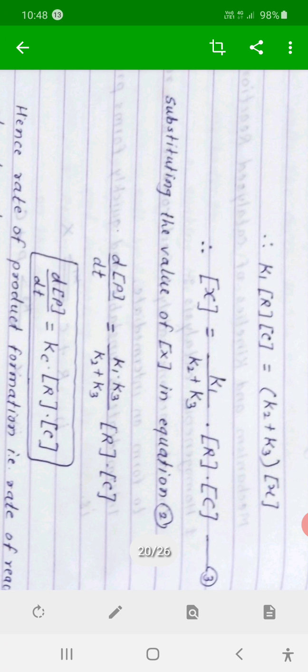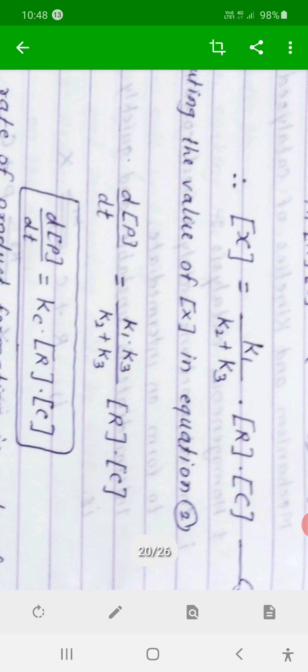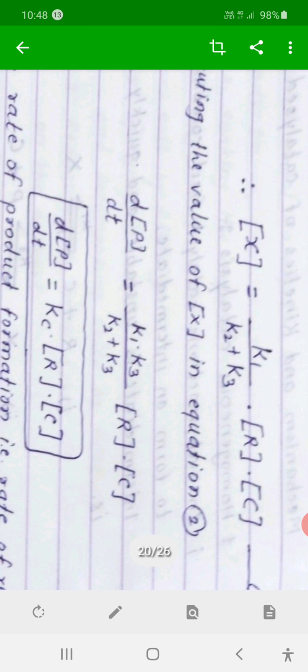What is that equation? dP by dt is equal to a rate constant into concentration of X. Then the concentration of X is K1 upon K2 plus K3 into concentration of R into concentration of C. Then the rate of product formation will become Kc into K1 into K3 upon K2 plus K3.